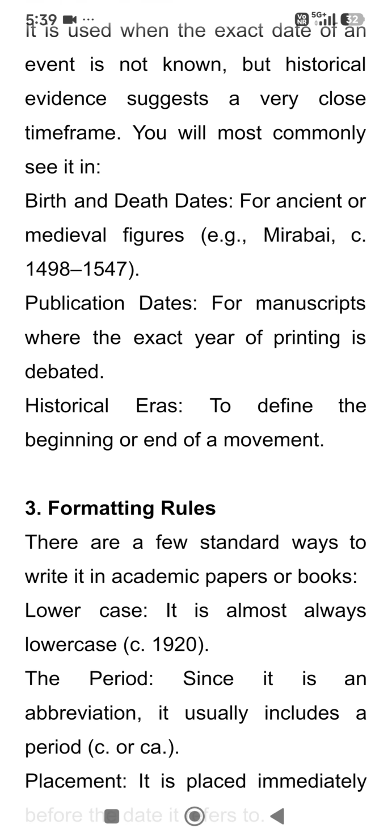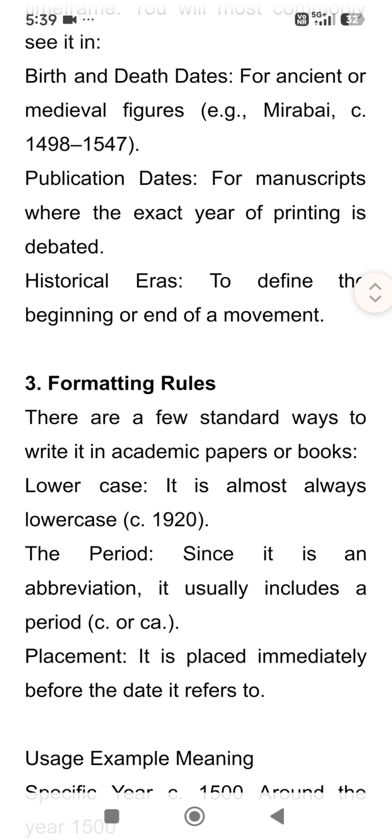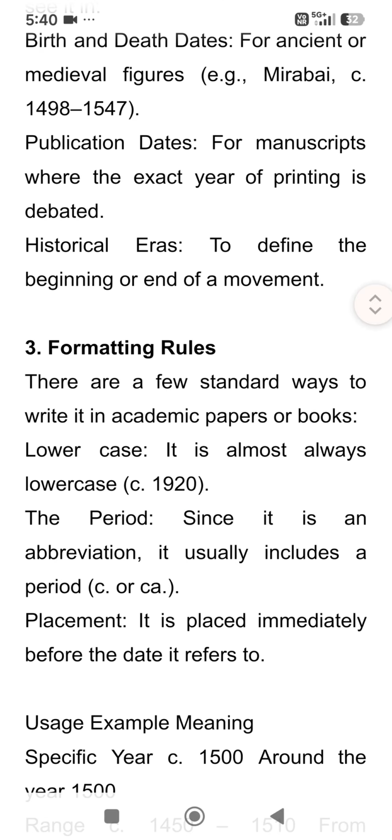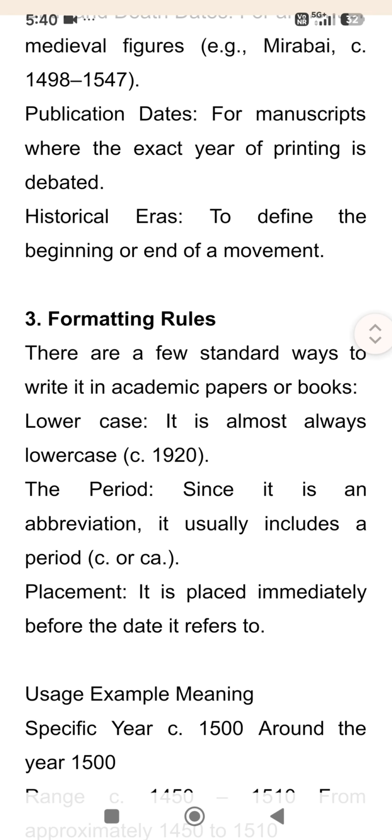So when you have seen, you have read that C, it is for birth and death dates of ancient or medieval figures. Example, Mirabai. Here in the top line you can see Mirabai, C meaning circa, 1498 to 1547, because it is not absolutely known at what time she was born.